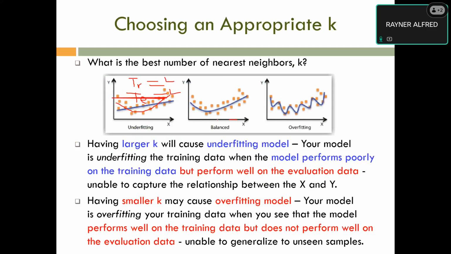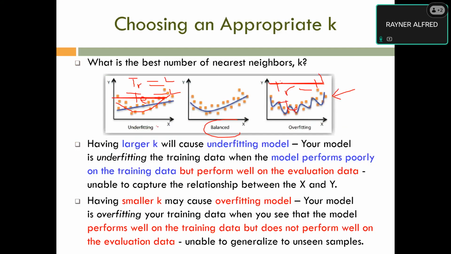So this is balanced. This is overfitting because during training it is high, but during testing you have low because you are too strict. So this is what we call overfitting.